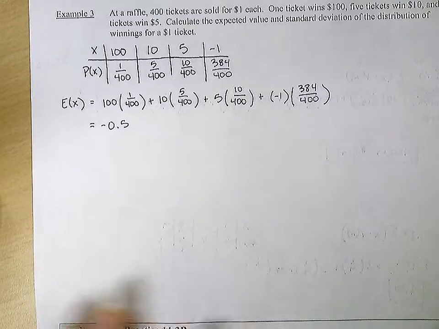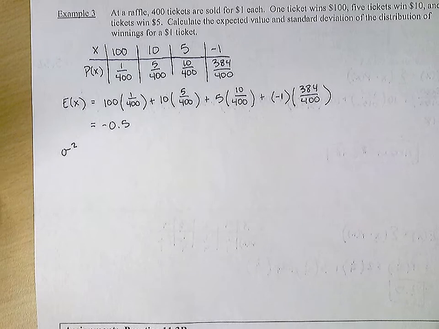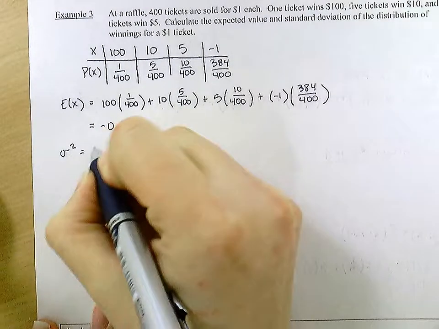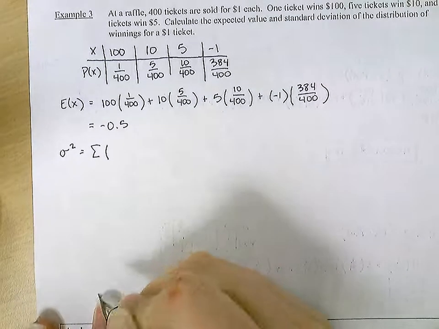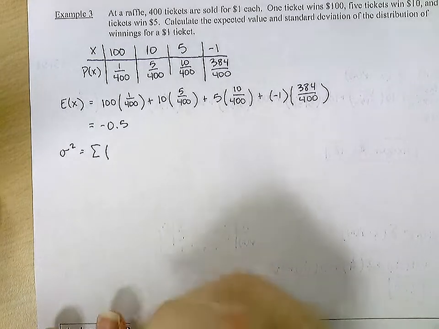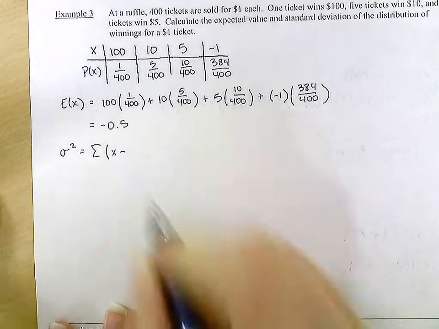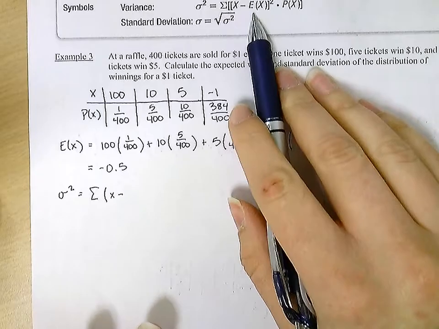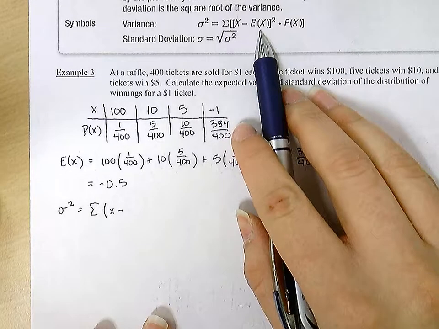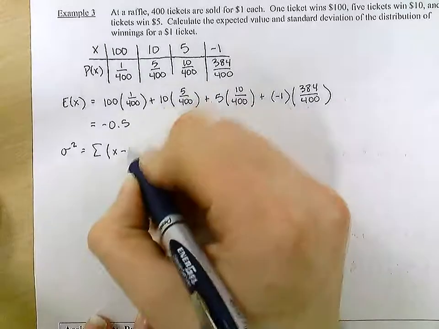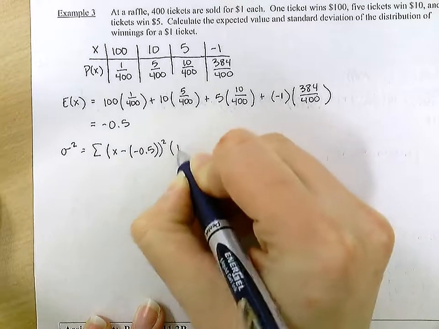So our variance is considered sigma squared, and it will be equal to, again, the sum of, I'm just writing the formula, x minus, what was E of x? What's our E of x value? Negative 0.5. So we're going to subtract negative 0.5, square it, and then multiply by P of x.